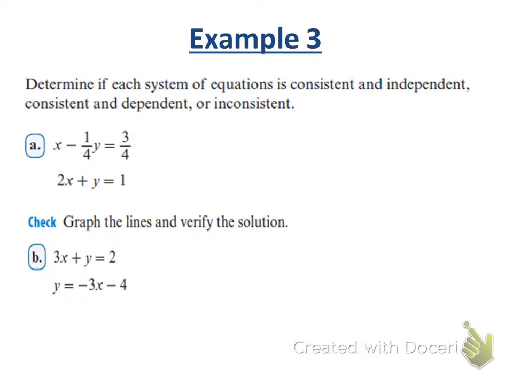All right, Cooper, what'd you come up with? I got inconsistent. Inconsistent. So you're telling me that the two lines are what? Parallel. Inconsistent means no intersection point, and parallel.